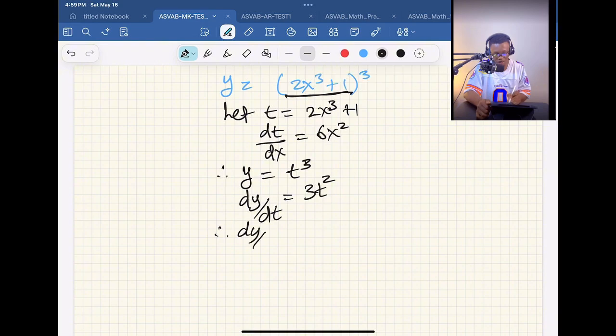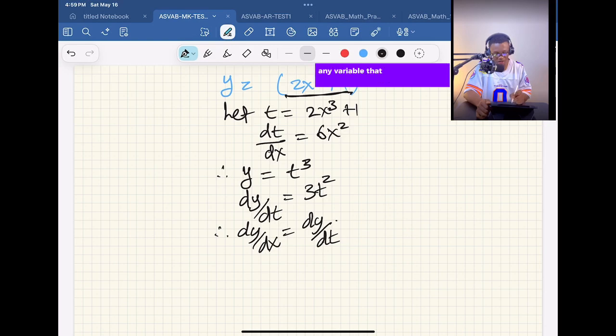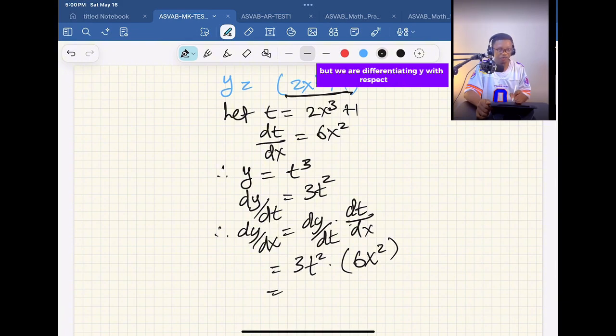Your dy over dx equals dy over dt, whatever variable you let, multiplied by dt over dx. So this becomes dy over dt, which is 3t squared, multiplied by dt over dx, which is 6x squared. But we are differentiating y with respect to x.